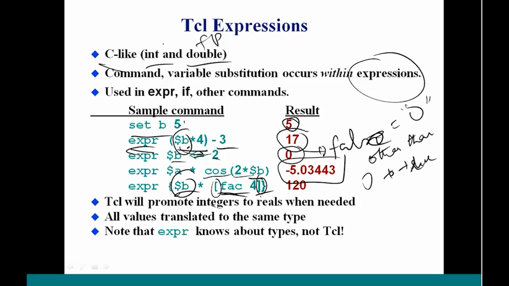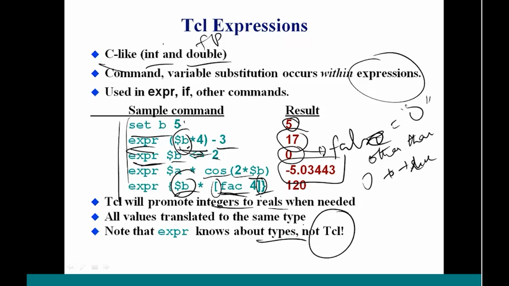So the bottom line is Tcl will promote integers to reals when needed. All the values are translated to the same types, and you can notice that the expr command knows about the types and Tcl does not.